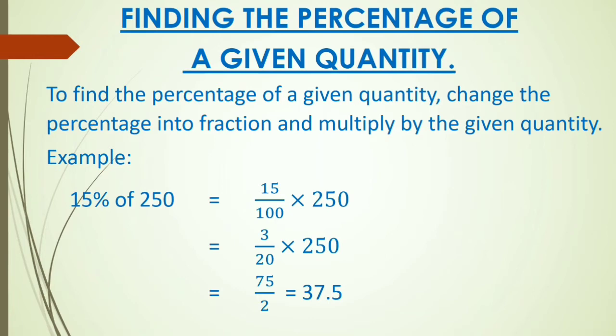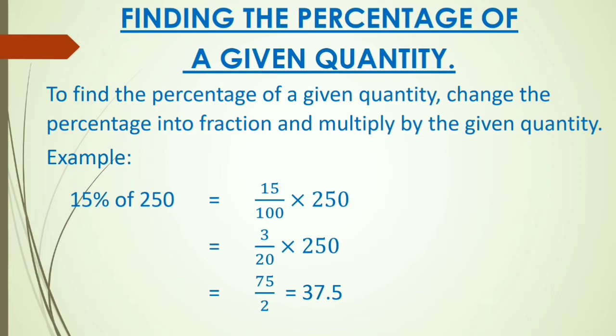Let us understand it through an example. Here we have to find out 15% of 250. So first of all, we have to change the percentage into a fraction. We know that 15% means 15 by 100. Then you have to multiply with the given quantity. So it is 15 by 100 into 250.